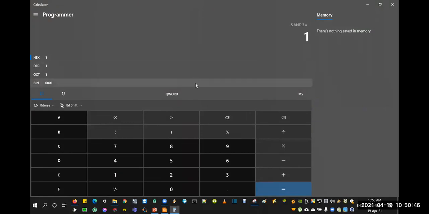So how has this calculation been done? Hopefully you all know, but I am re-explaining this. For example, ax equals 5h, which in binary is 0000 0101. Similarly, bx equals 3h, which in binary is 0011.